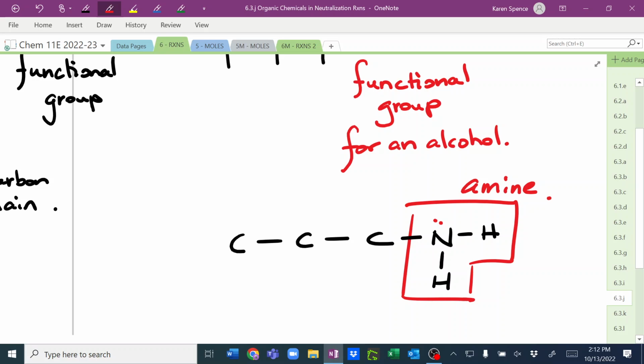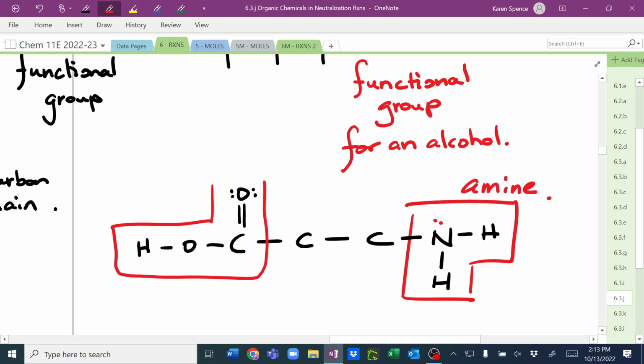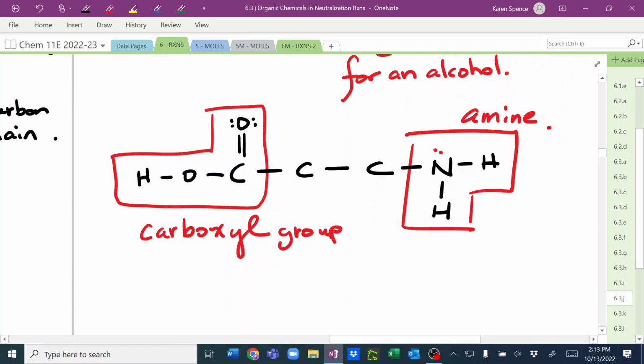You can have more than one functional group on something. Watch this. So we have an amine group, and we have a carboxyl group. And carboxyl groups belong to the carboxylic acids. So we have an amine and we have an acid.